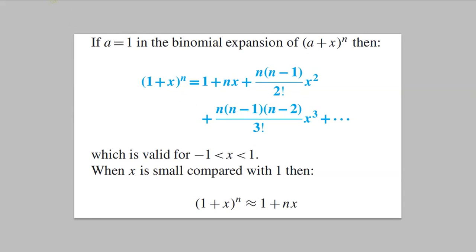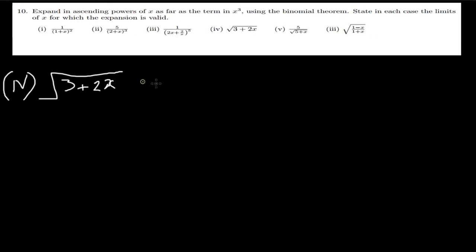And how are we going to go about that? So we all know to say this is nothing but the same as 3 plus 2x, then in brackets to the power half.